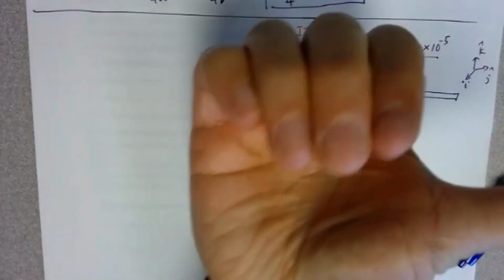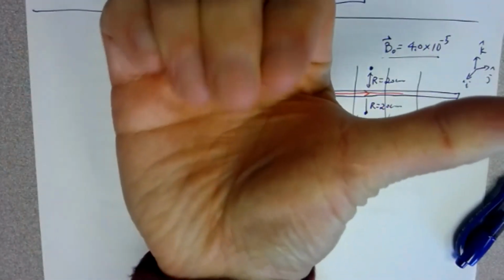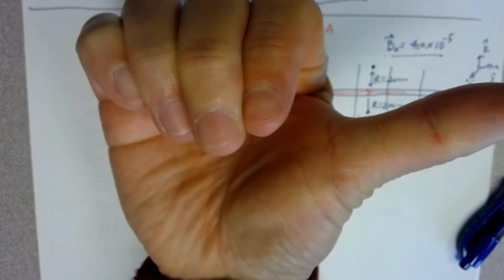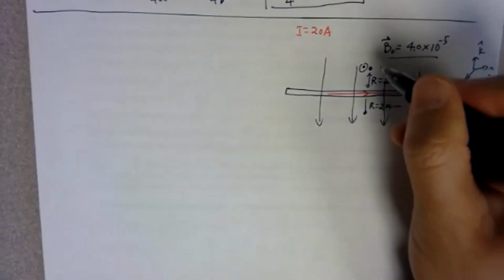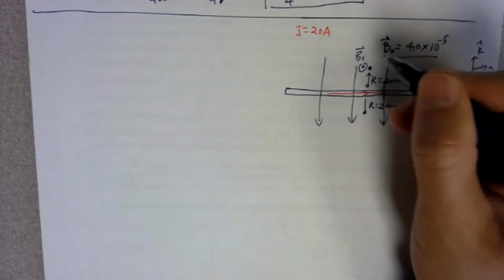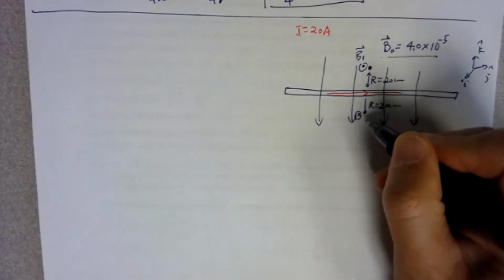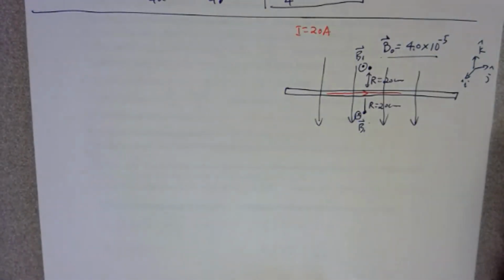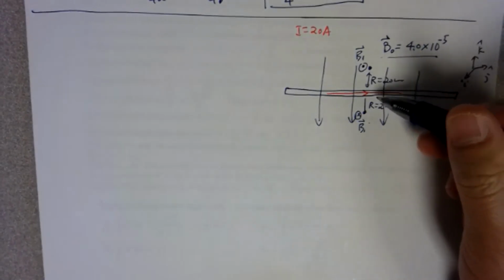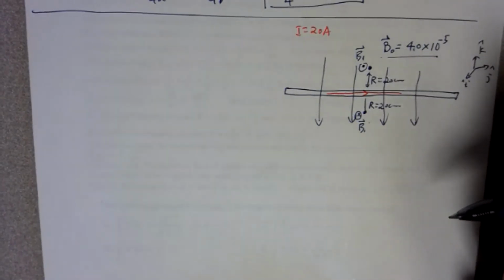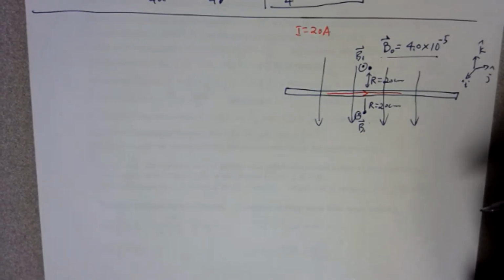Using the right hand rule, it curves like that, so above the wire it's coming out of the paper, a dot. Let's call the B field produced by the wire B1. Below the wire it's going into the paper, also B1. They are at equal distance, so they have the same magnitude but opposite directions.